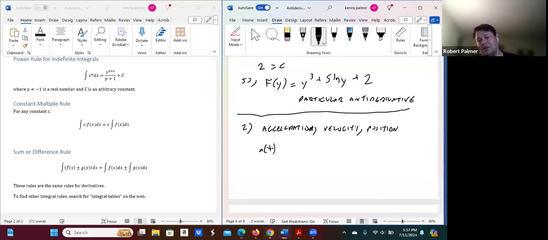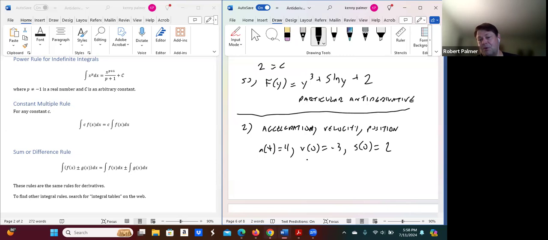Our acceleration, a of t, is just a constant, which is 4. And v of 0, when t is 0, is equal to negative 3. And then s of 0, the position, is equal to 2.